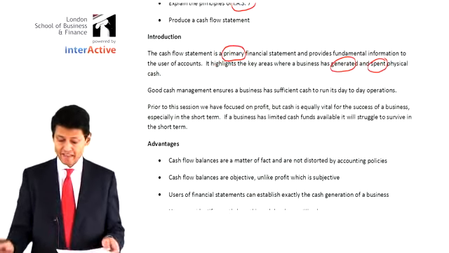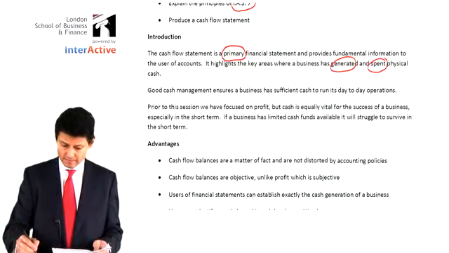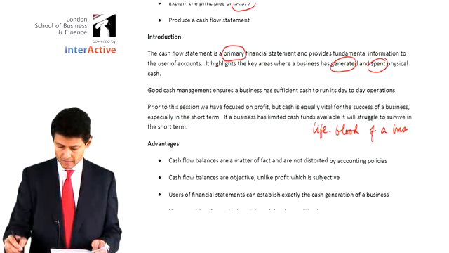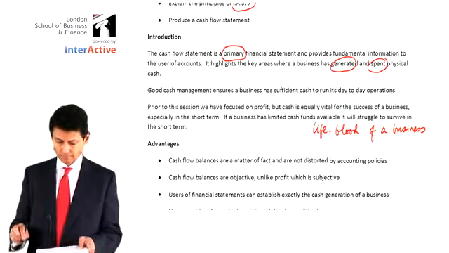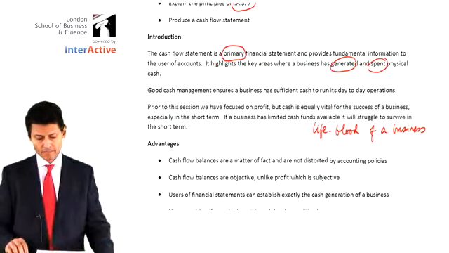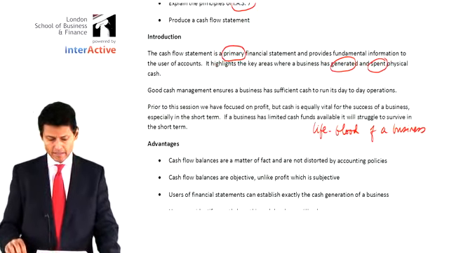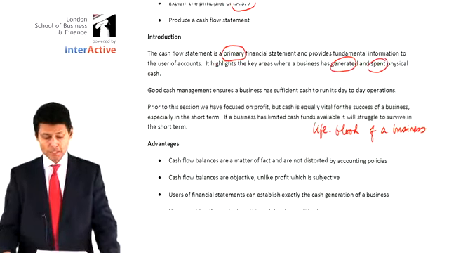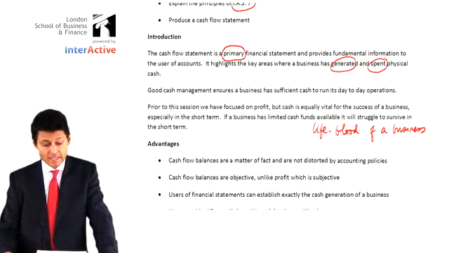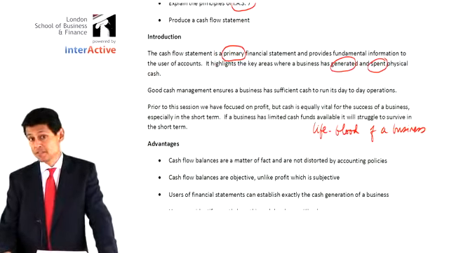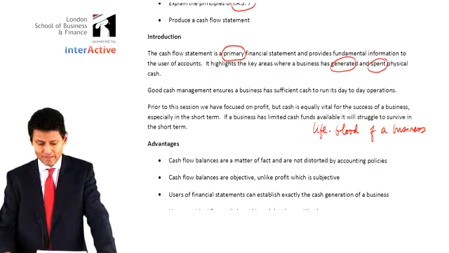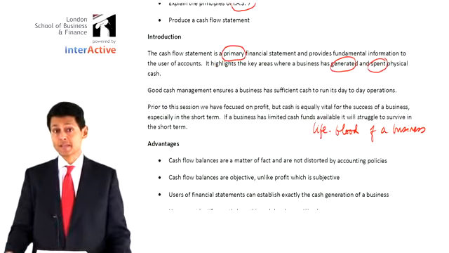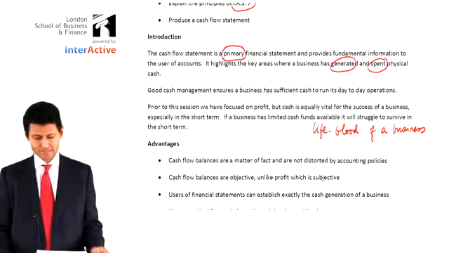Cash, of course, is the lifeblood of a business. Especially in the short term. If a business has limited cash funds available, it will struggle to survive in the short term, indeed in the long term as well. So extremely important to understand the importance of cash.